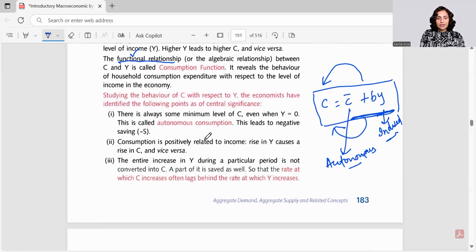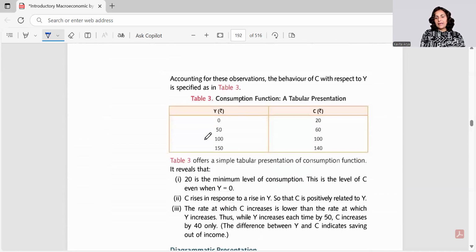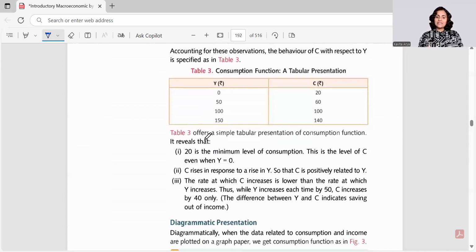So there are several points to it. Let's have a quick look at its table and diagram for a better understanding. Whenever we are plotting the consumption function, we would show it with respect to income. When income is rising, say at a rate of 0, 50, 100, 150, the consumption would inevitably be rising.